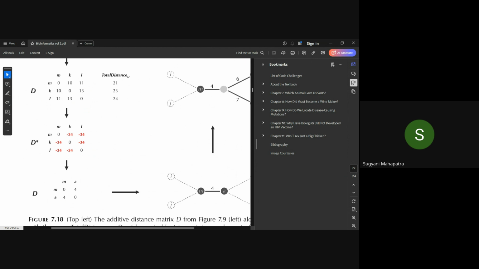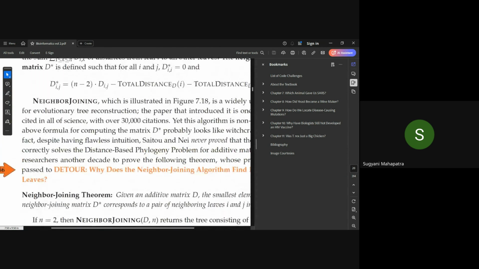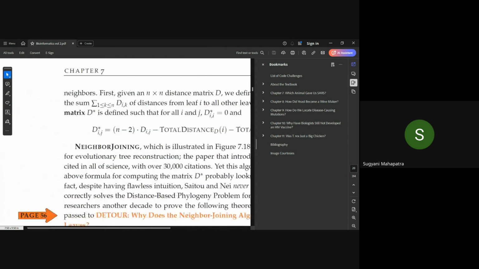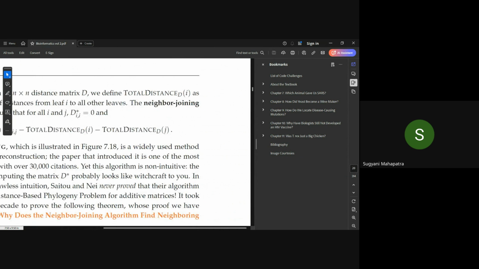This is an easy algorithm, right? All you need to know is the formula to compute the D star matrix. D star ij equals n minus 2 times dij minus the total distance of i minus the total distance of j.